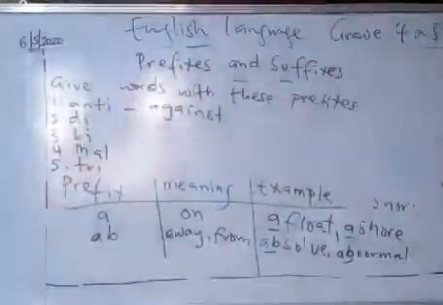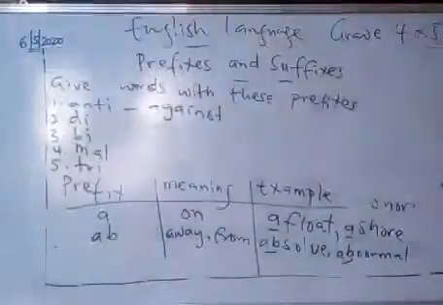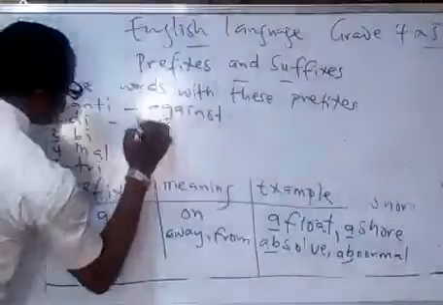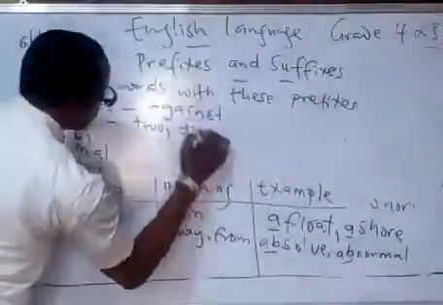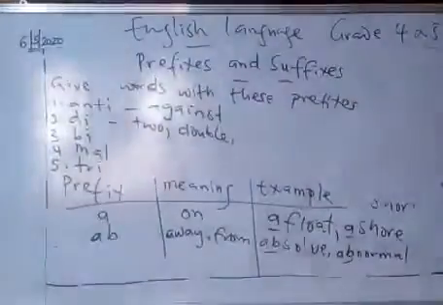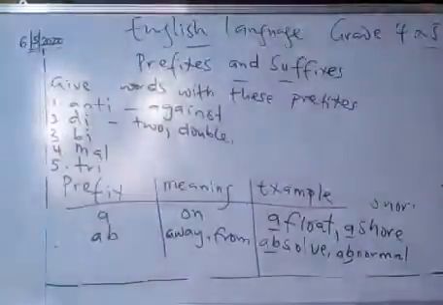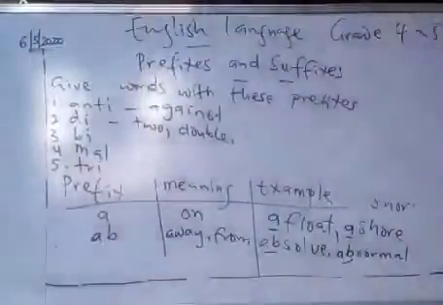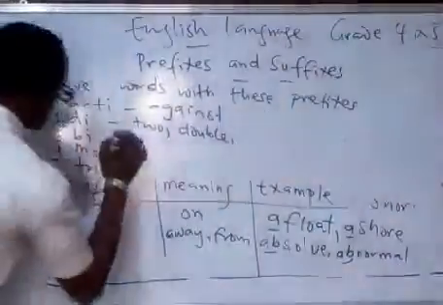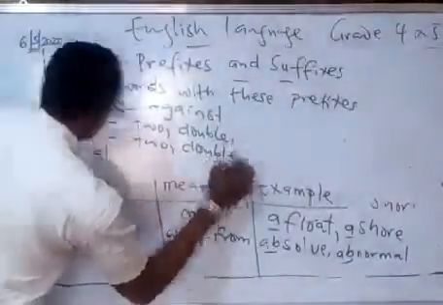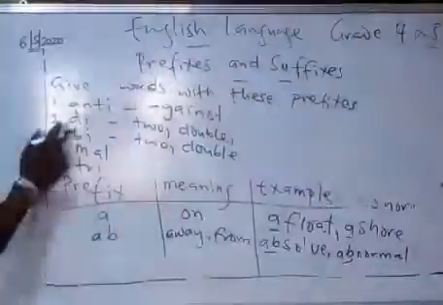Di means two, double. The word bi means the same thing, two, double. So di and bi mean the same thing.